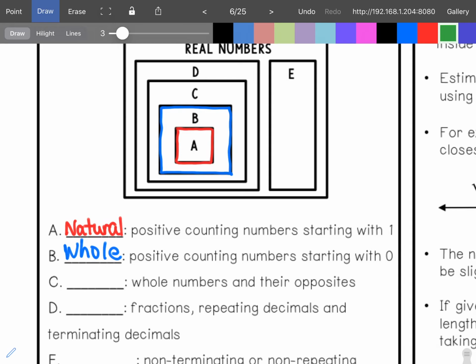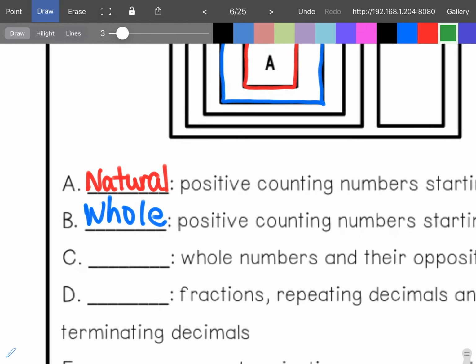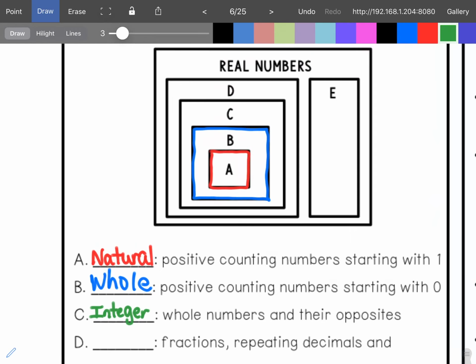Okay, the next one, C, whole numbers and their opposites. So, for example, 1, 2, 3, 4, and -1, -2, -3, -4. Those numbers are called integers. That's an integer. I'm going to go up here and I am going to box this in with green.